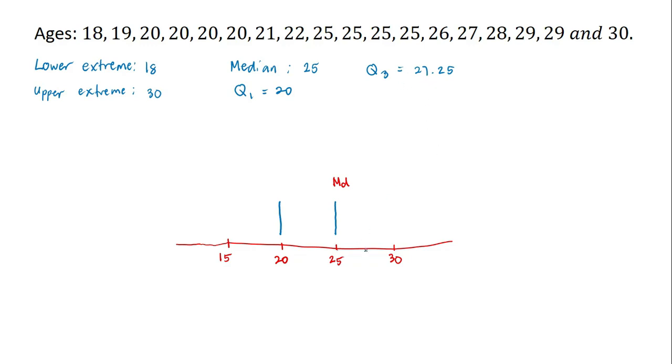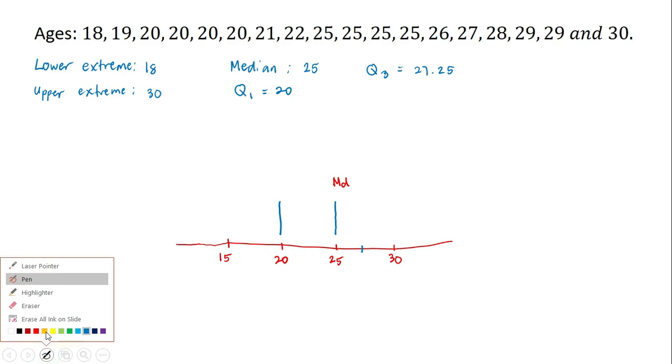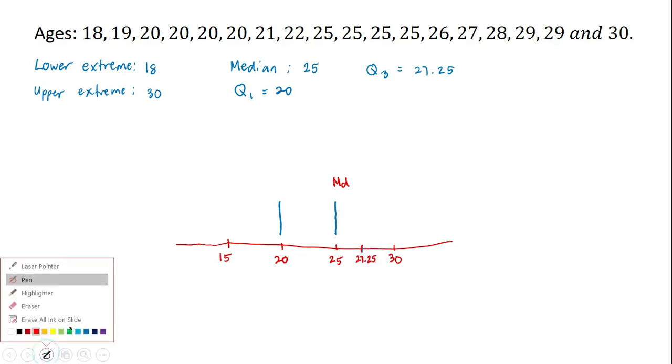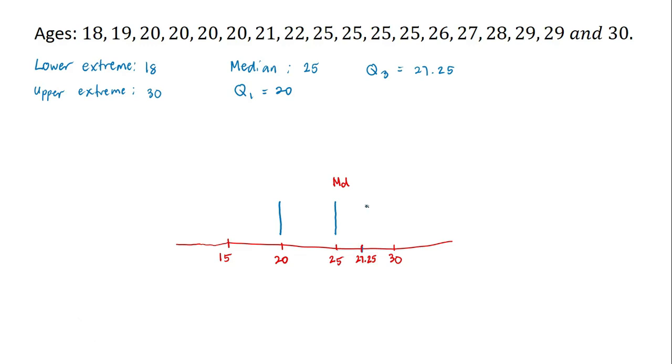So if this is 27.5, maybe somewhere here, just estimate, this would be 27.25. And then you draw a line also for Q sub 3.